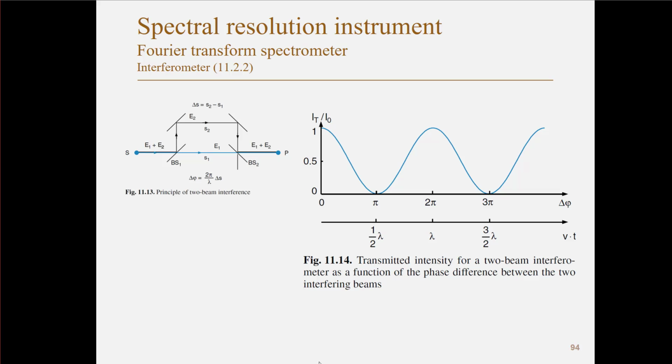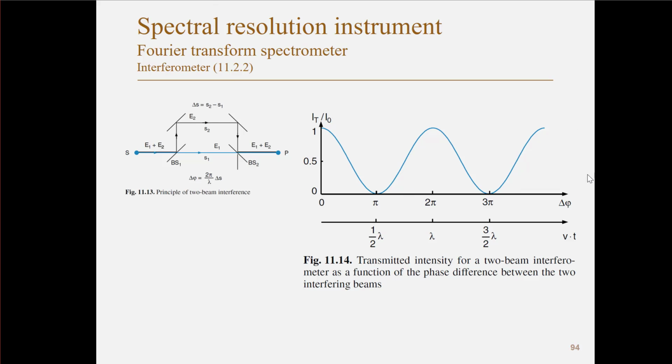That means that when the path difference is half a lambda, that's the same thing as having a pi phase difference, and we get destructive interference. When it's lambda, we get constructive interference. When it's 3 over 2 lambda, we get destructive interference, and so on. So if we move these far, we can get a pattern like this for a single light field.